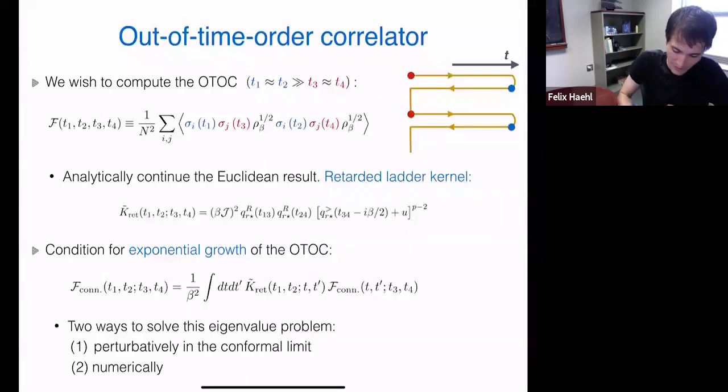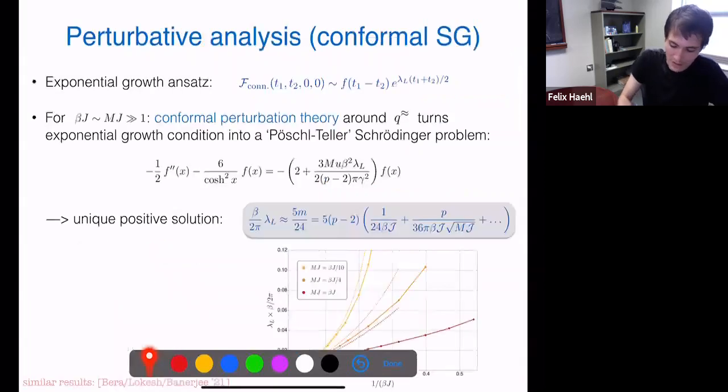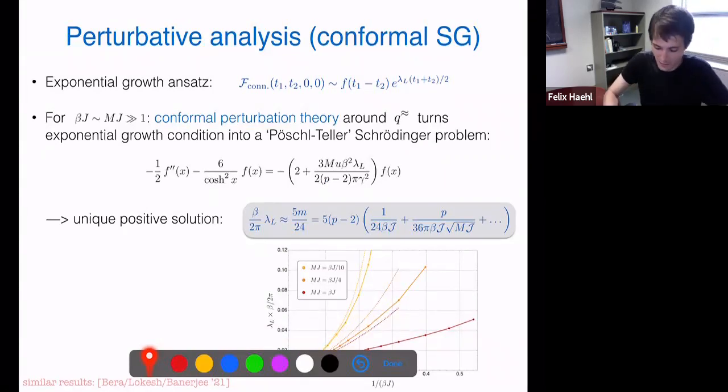So we try to solve this equation given this retarded kernel. So we make an ansatz for this four-point function, a growth ansatz. So we make an ansatz that this grows exponentially with some Lyapunov exponent that we need to determine, times some function of the time difference. So that's the piece that does not grow exponentially.